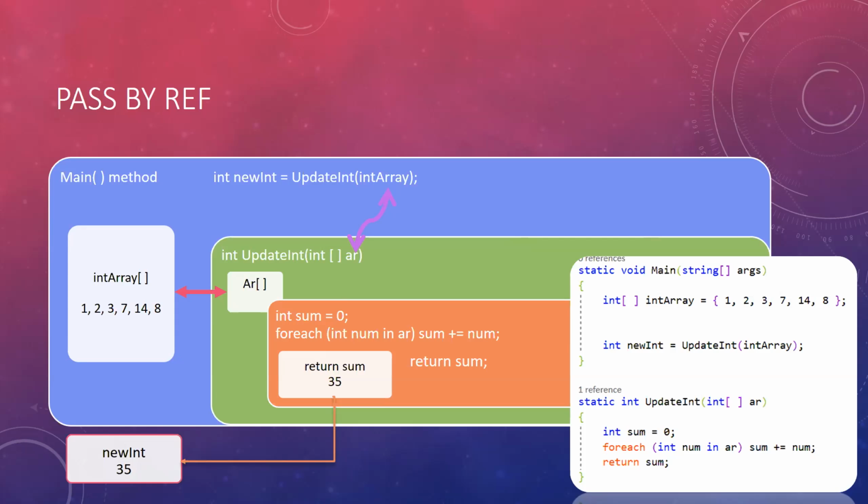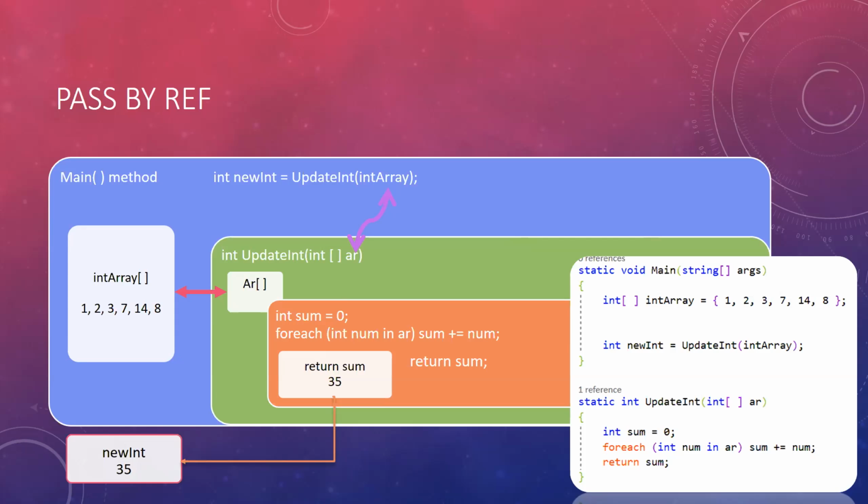The values don't get copied. The actual memory location of this array gets passed and is now used by this method. So if this method decides to update all of these values in this array, they are updated in the main when it returns. So anytime we use an array, it's always going to be passed by reference.